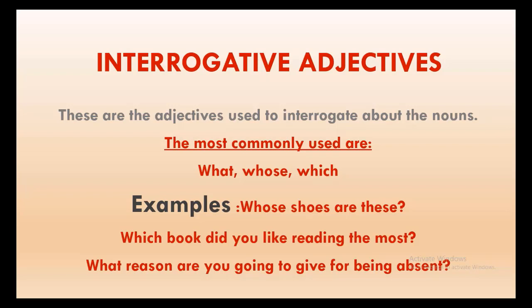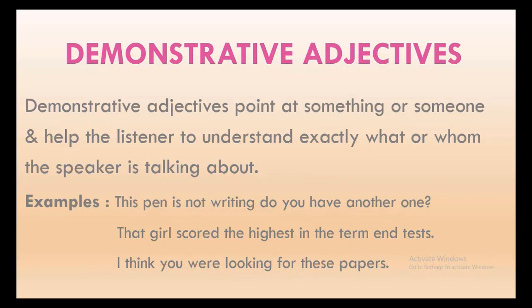What reason are you going to give for being absent? In each of these examples, whose, which, and what interrogatively describe the nouns shoes, book, and reason. So I hope that you are clear with the interrogative adjectives. Move on to the next slide.